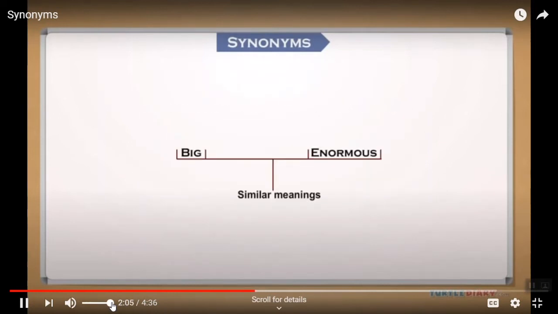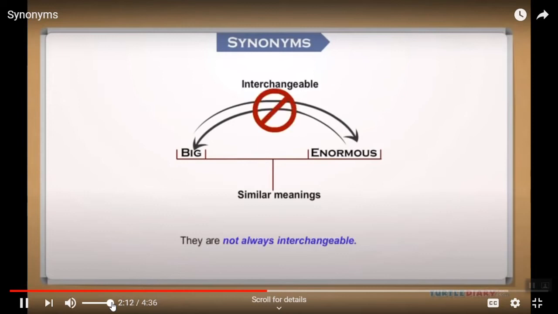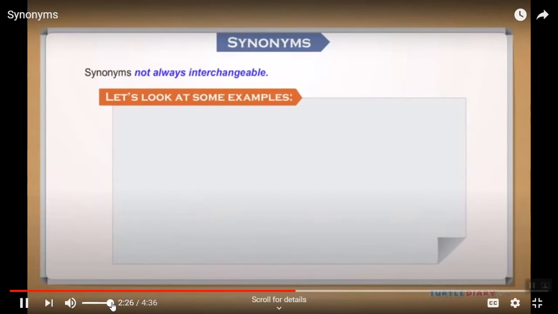It is important to realize that while words may have similar meanings, they are not always interchangeable. This means that you cannot always replace a word with another just because meanings are similar. Let's look at some examples. Jennifer was hungry, or Jennifer was famished.